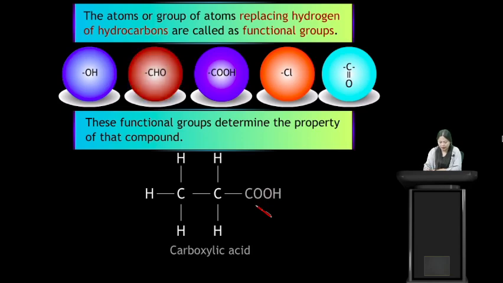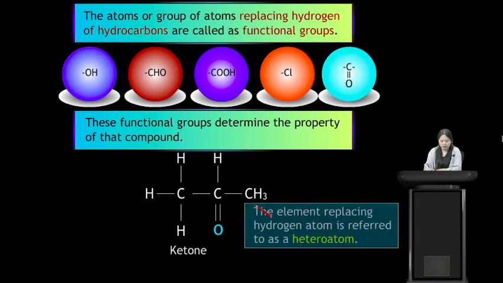If we replace one of the hydrogen atom with COOH, we will get carboxylic acid. And if we replace one of the hydrogen with halogens, that is Cl, Br, chlorine, bromine, we will get halogen. And if we replace one of the hydrogen atom with C double bond O, then we will get ketone. So these are some of the functional groups that we will be studying today.